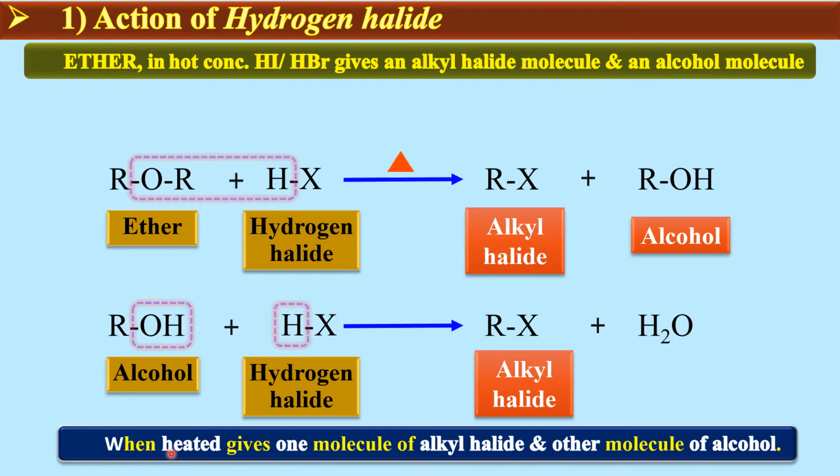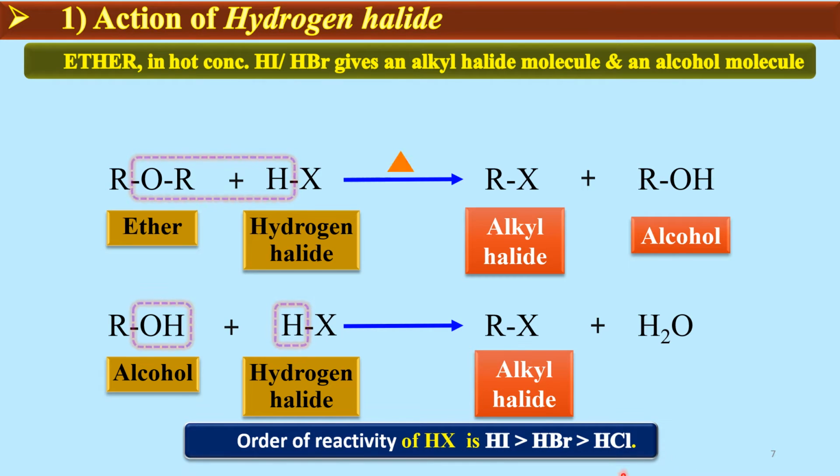When heated with hydrogen halide, ethers give one molecule of alkyl halide and another molecule of alcohol. We can see here the order of reactivity of HX.